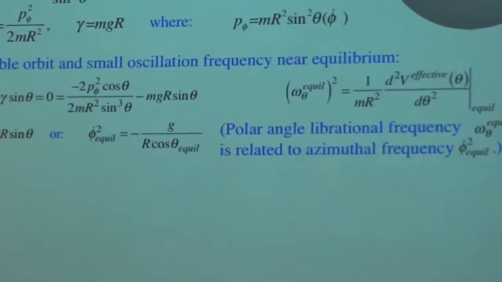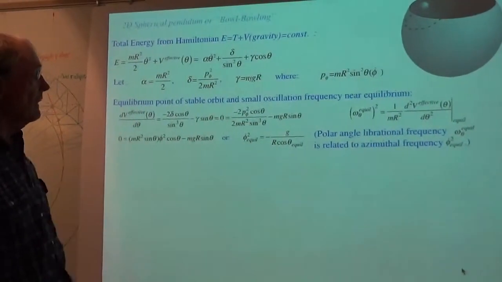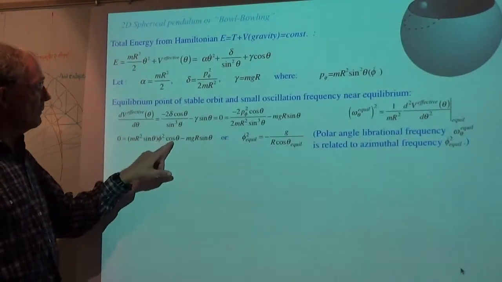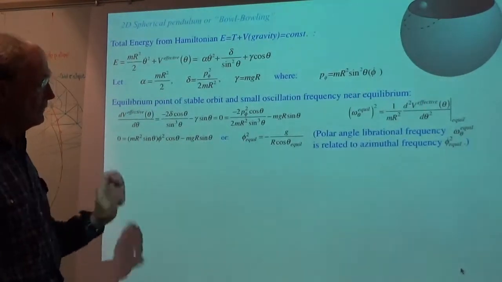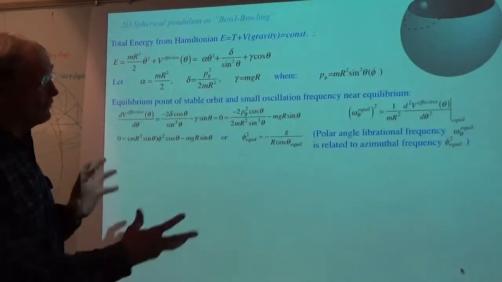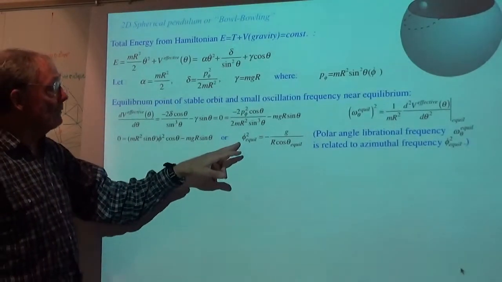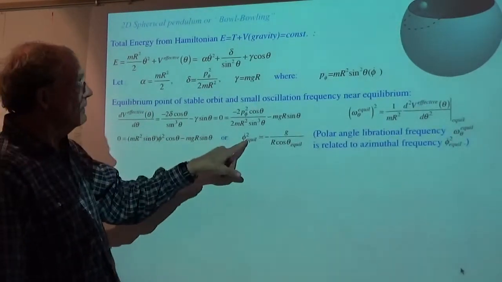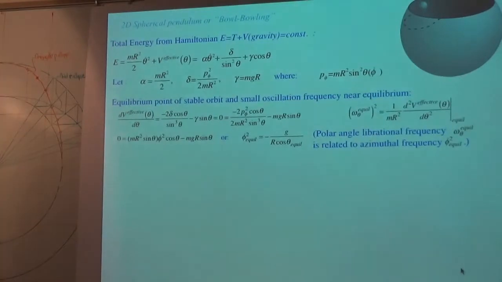So this is solving that thing right there. 0 is equal to this thing, phi dot squared, and then this thing, sine theta. There's gravity, and there's, shall we say, the centripetal force trying to pull the thing up the sphere. And we end up here with a phi dot equilibrium that is just minus g over r cosine of the equilibrium value.